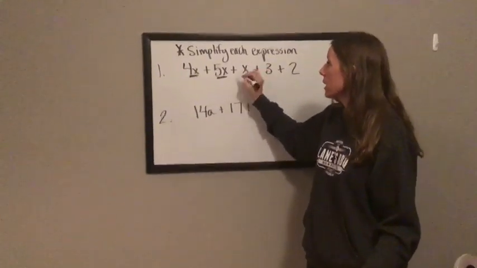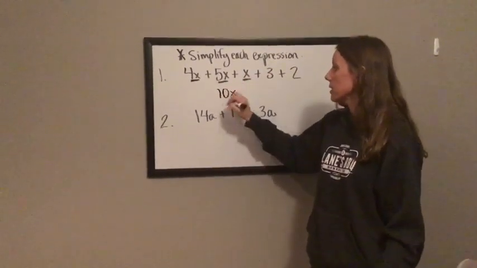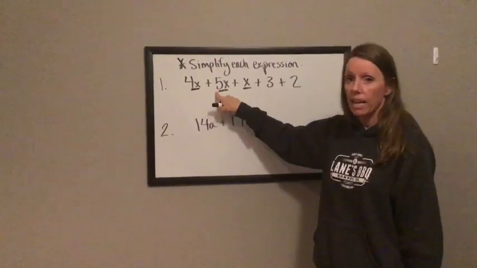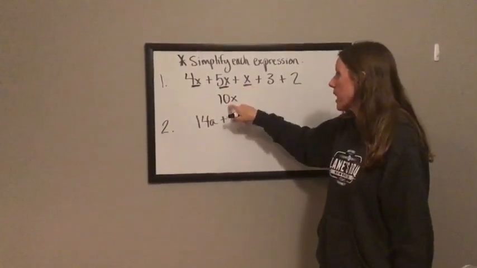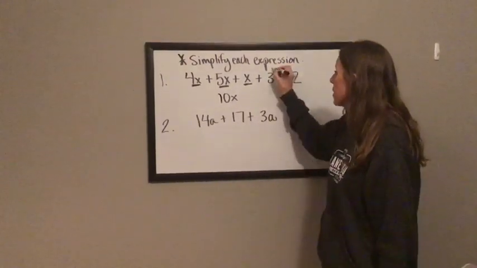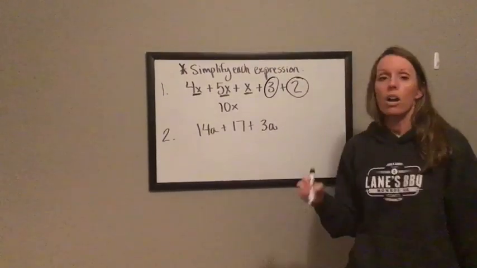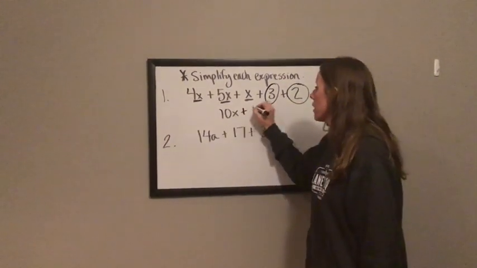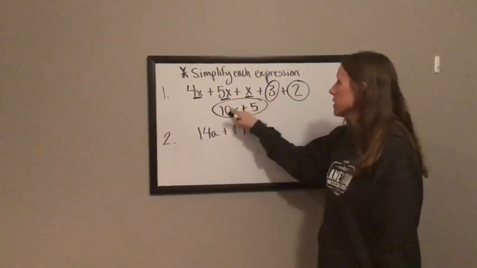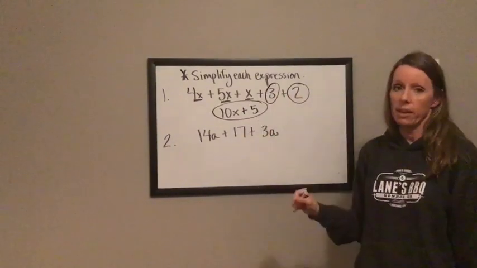So that would be 10 x's. 4 plus 5 is 9, plus the 1 gives me 10 x's. Then this guy and this guy are both constants, so they hang out together. 3 plus 2 is 5. So this is the same thing as the original, just simplified down.